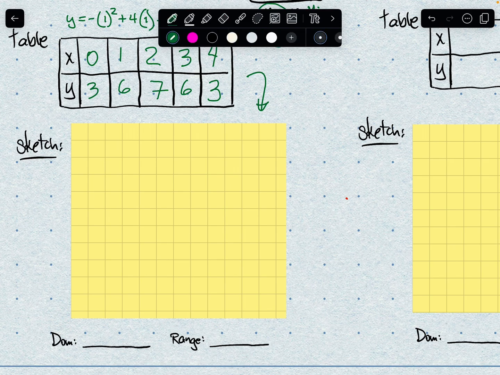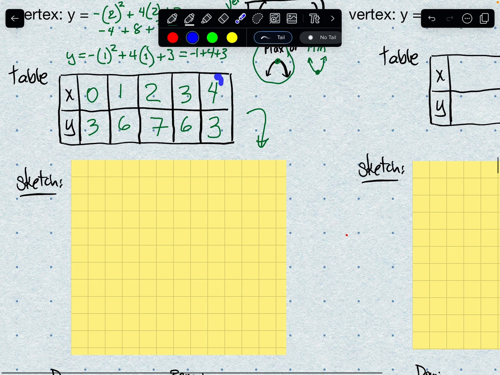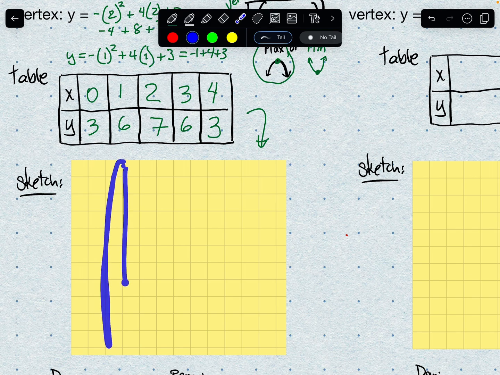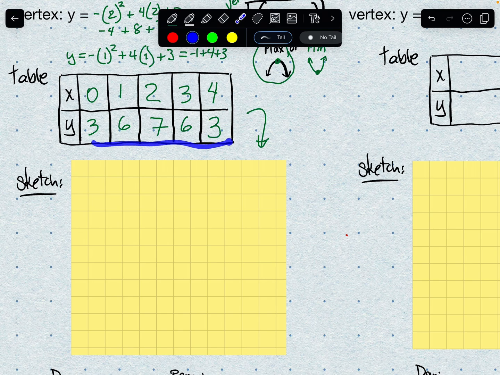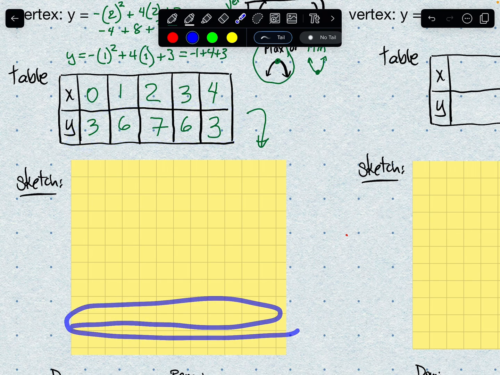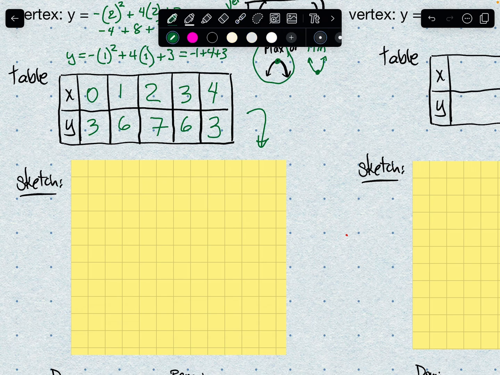Because of my set of values, 0 to 4, I'm going to say the y-axis should be somewhere in this region. These are all positive values, so the y-axis should be down here somewhere. Where you put it is up to you. I'm going to snug it up kind of close. I don't think I need to be really careful.